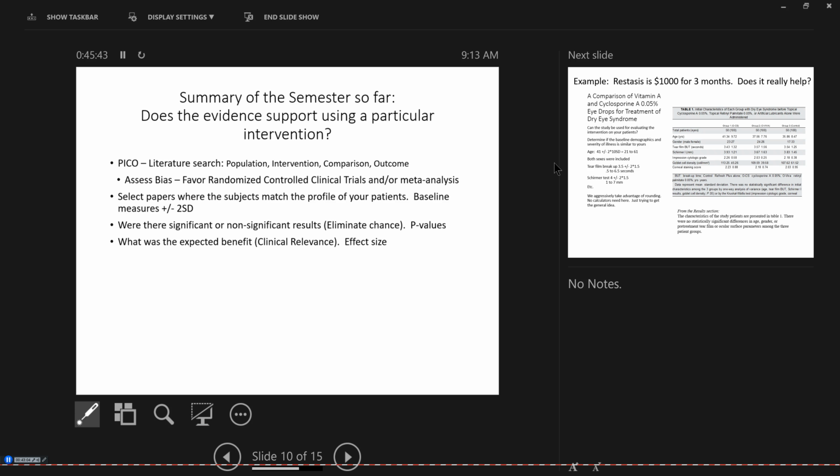Hopefully you don't randomize people into stuff. You say, okay, this person, their dry eye is such that our only option now is Restasis. Whereas the other person, you say, well, let's try water.